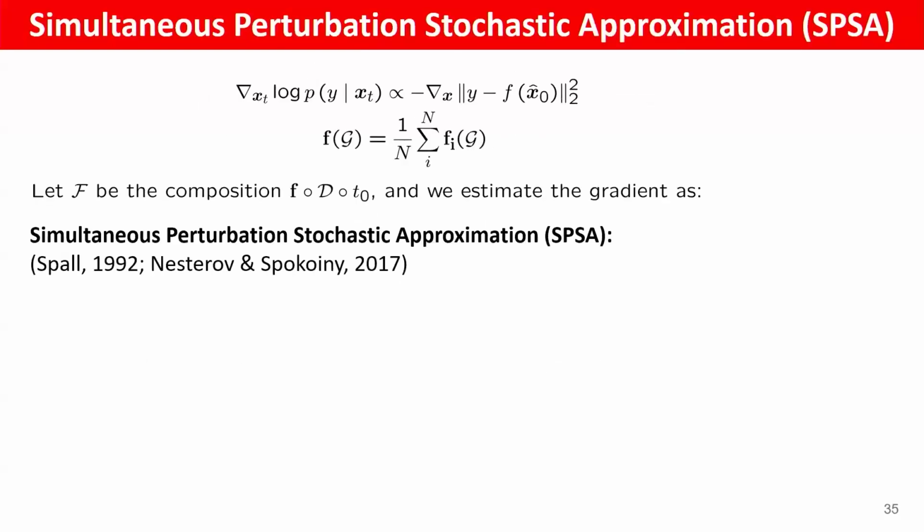So our idea was to use some empirical approximation of the gradient. Let this calligraphic f denote the composition of these functions. So T0 was that you are doing your diffusion and you are at xt. From xt we try to estimate what x0 is. That transformation is T0, and then we call the decoder of our original encoder to go back to the original molecule space.